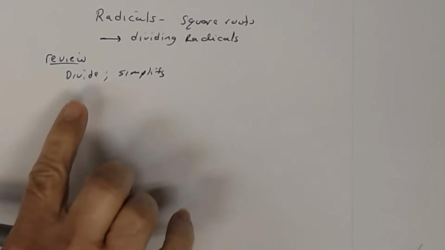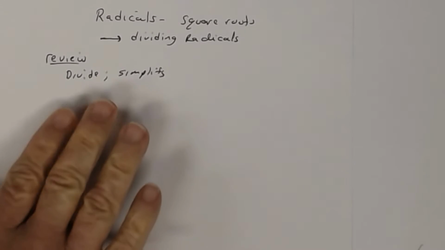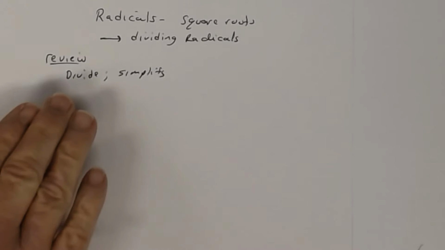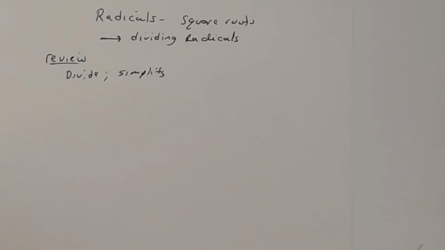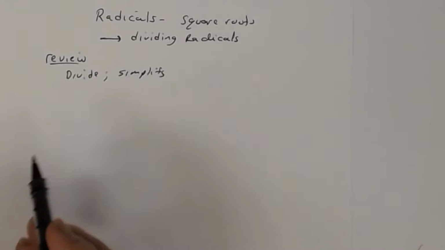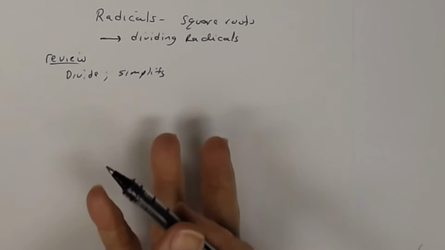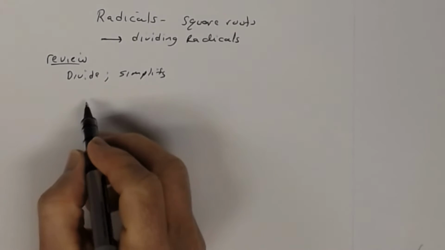It'll just say divide, and it's going to say something else in a little while. But in previous lessons, the operation was just to divide. But remember, when you're dealing with radicals, you have to make sure that you simplify as well. But let's review something we've had before.